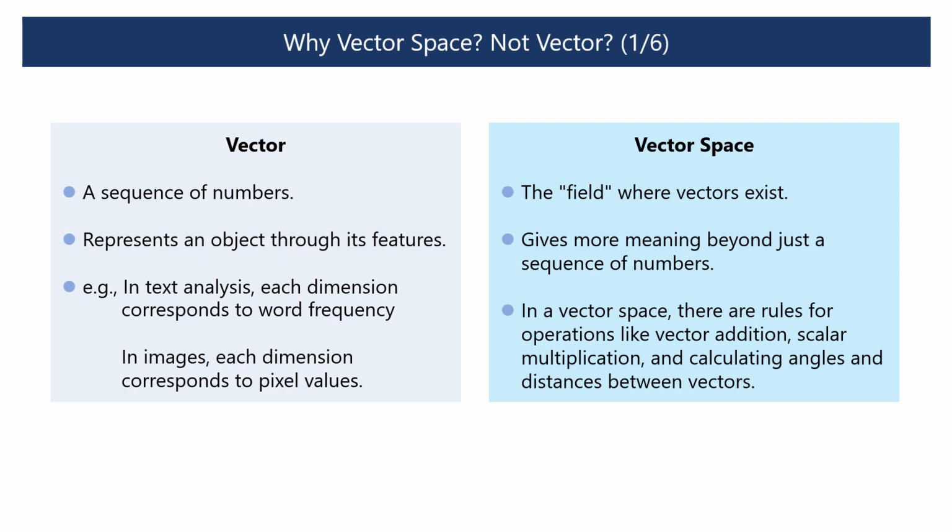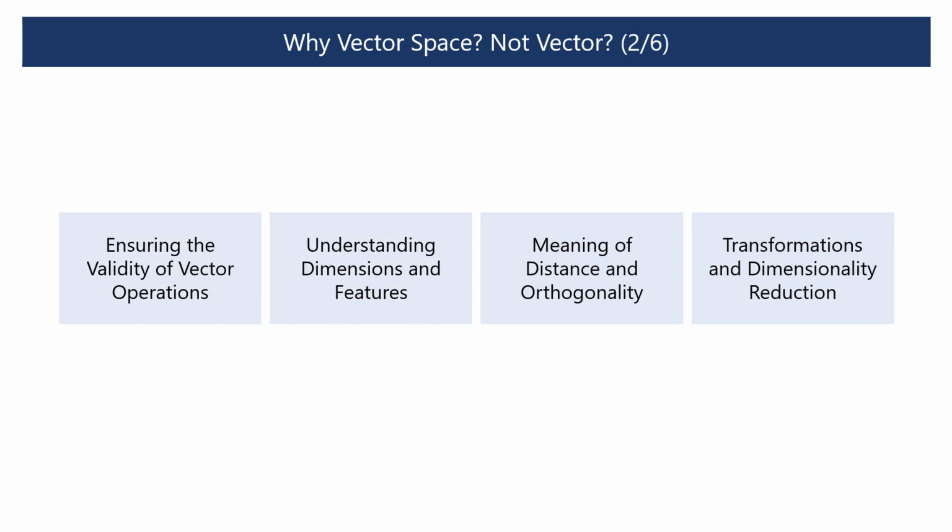On the other hand, a vector space is like a field where vectors exist. It gives more meaning beyond just a sequence of numbers. In a vector space, there are rules for operations like vector addition, scalar multiplication, and calculating angles and distances between vectors. So, why do vector spaces matter?